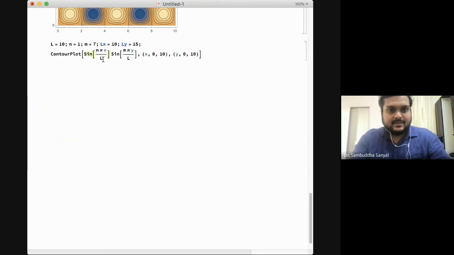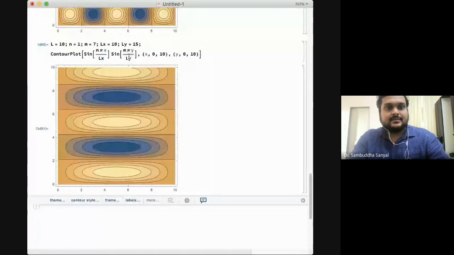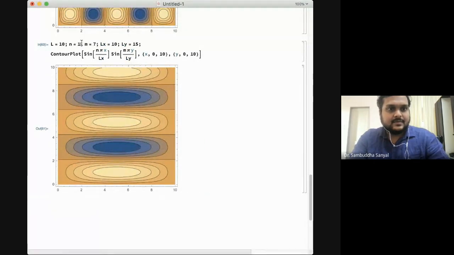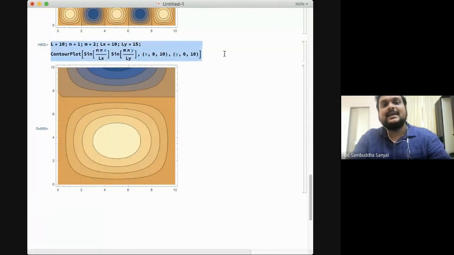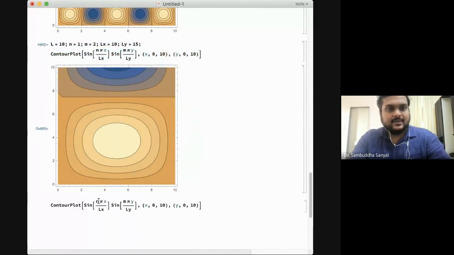Let me plot something simple: 1 and 2. Now I've broken the symmetry. I can also plot the other way, which means 2 and 1.